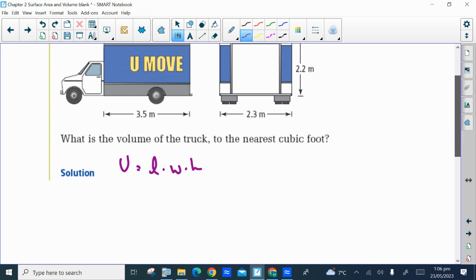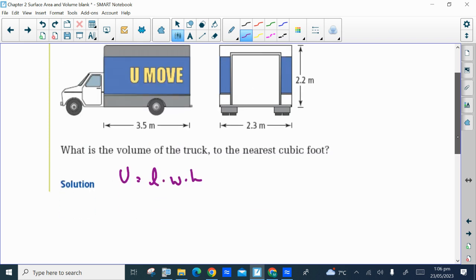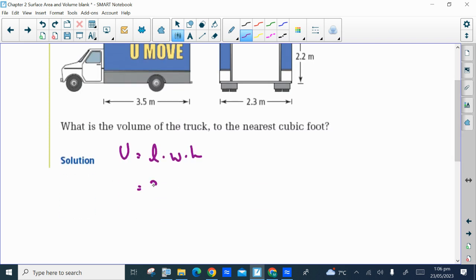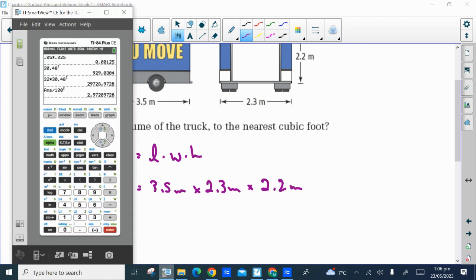So you just multiply these 3 numbers together. 3.5 meters times 2.3 meters times 2.2 meters. So 3.5 times 2.3 times 2.2.